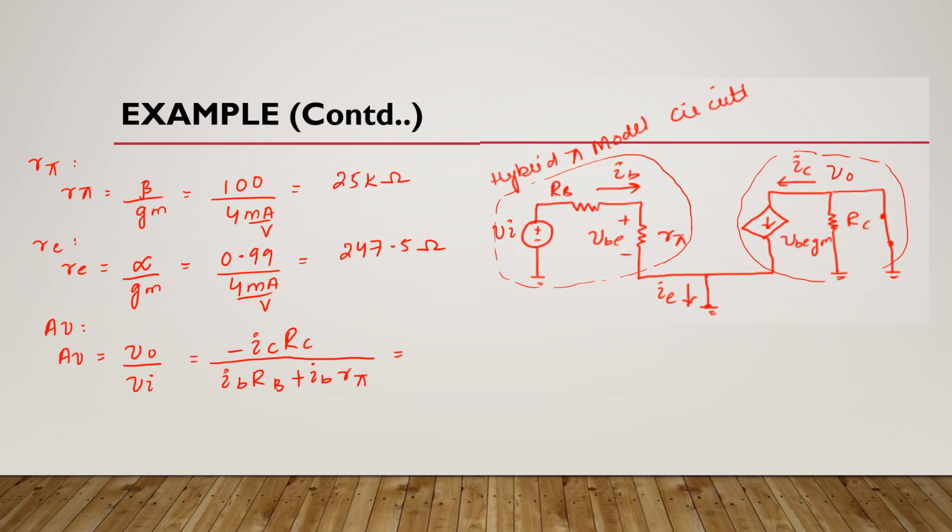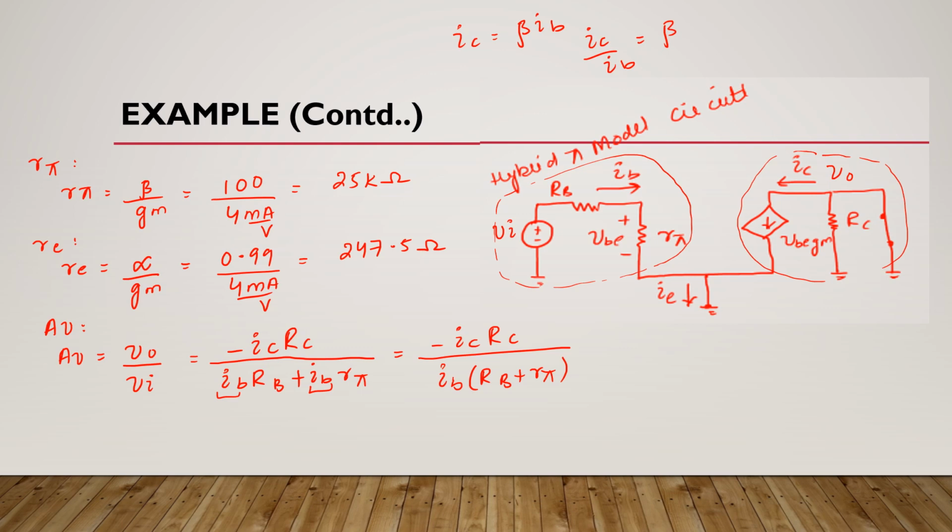Now we can write this as IB times (RB plus R pi), because IB is present in both of these terms, so I took it out. And we know that IC is equal to beta IB. It means IC divided by IB is equal to beta.